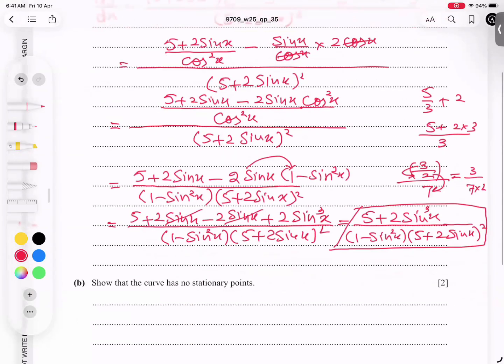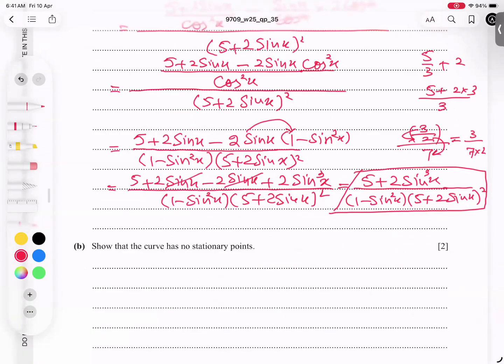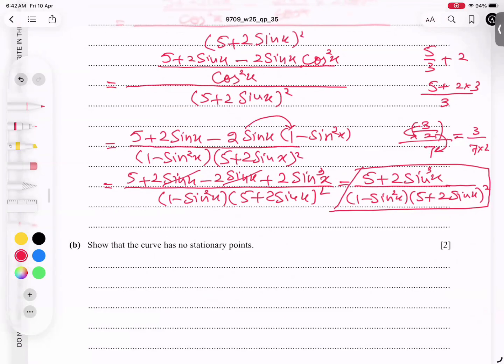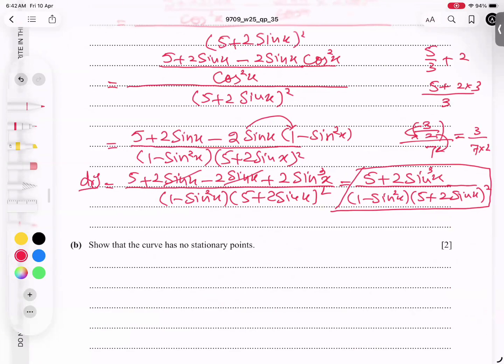And the next part is saying show that there's no stationary point. Stationary point means I will put the derivative equal to 0. So when I put the derivative equal to 0, what happens, students? 0 equals this completely. Let me copy from here to save time.